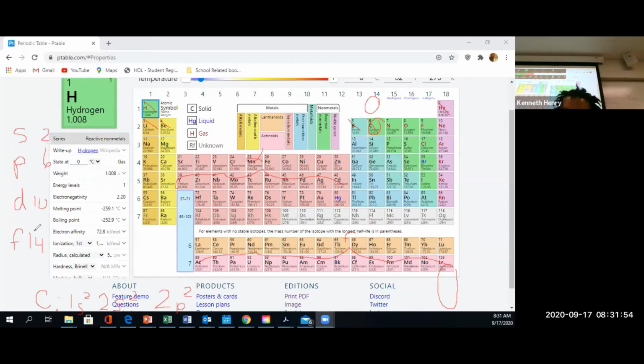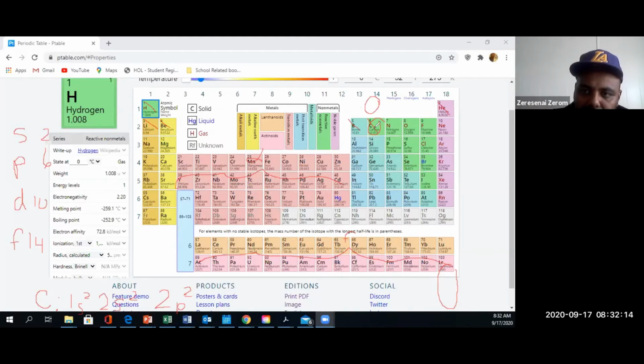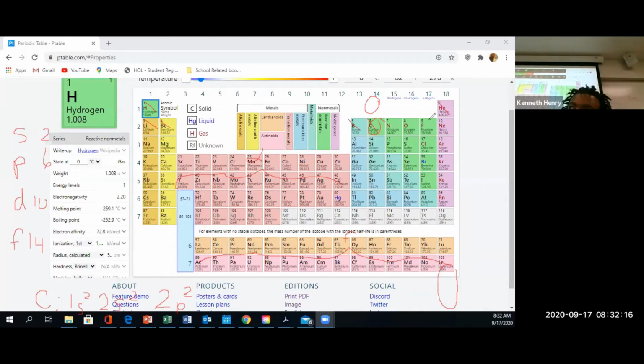You can only have 2 electrons in the s orbital. Then we go down to the 2s. That's why we crossed out here. Then we come over here to the 2p, 2 of them, because this is a p subshell right here. The p starts at the second period. So that's your p.